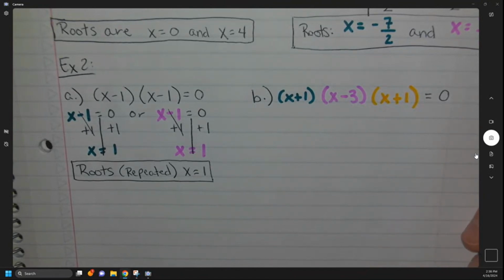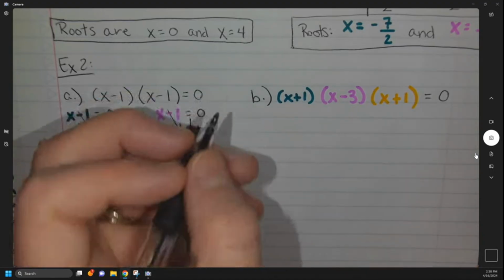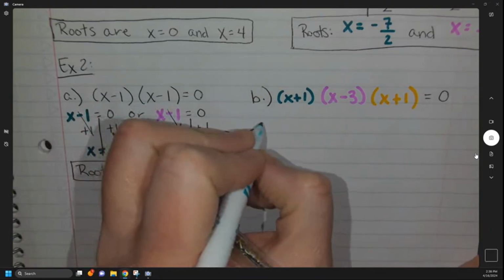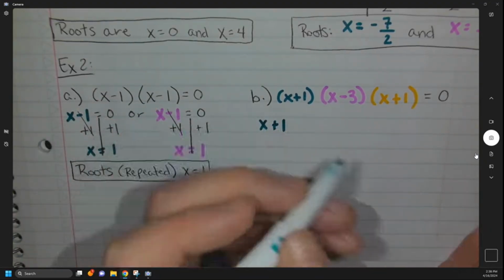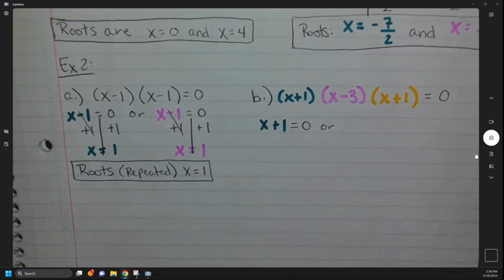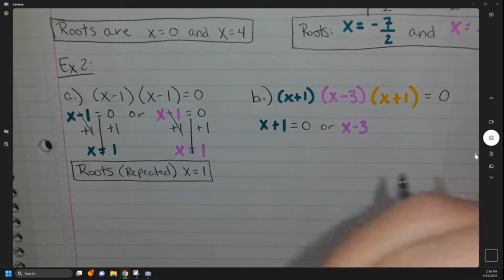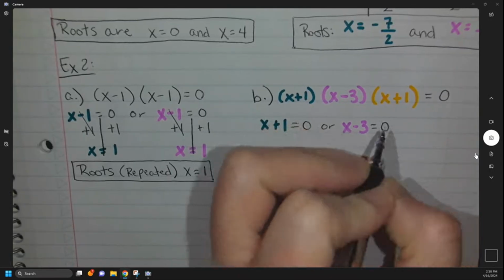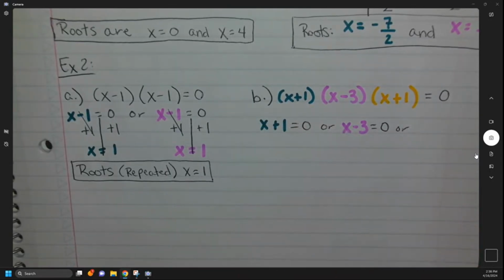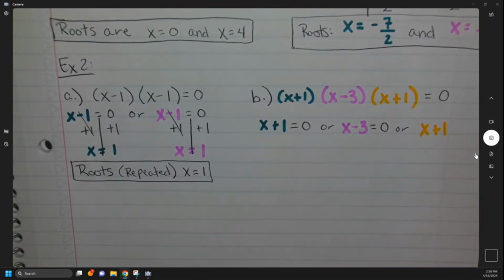So when I split it, I've got 3 different things that I'm doing this time. So I have x plus 1 equals 0, or x minus 3 equals 0, or x plus 1 equals 0.